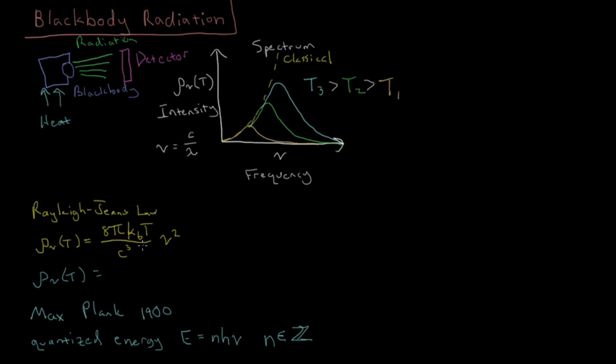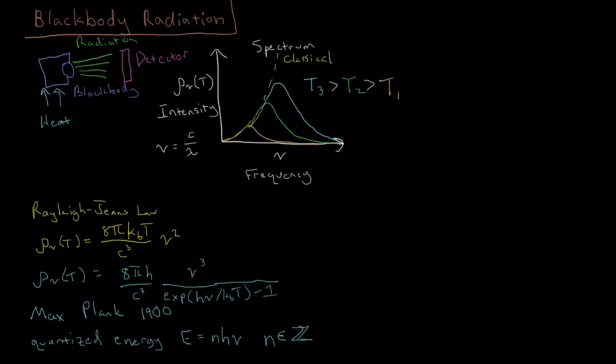Similarly, he got the 8 pi part, but then you have h over c cubed, times nu cubed over the exponential of h times nu over Boltzmann constant times temperature, and then all of that minus 1.